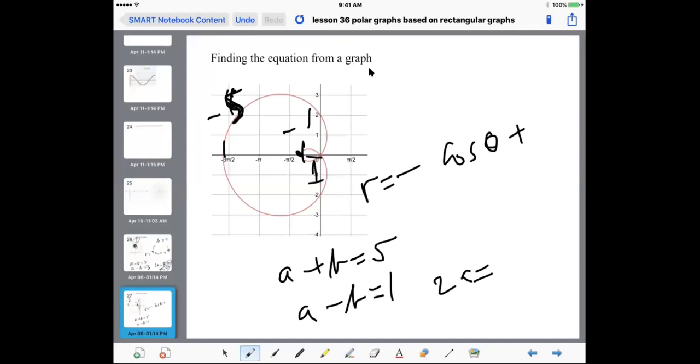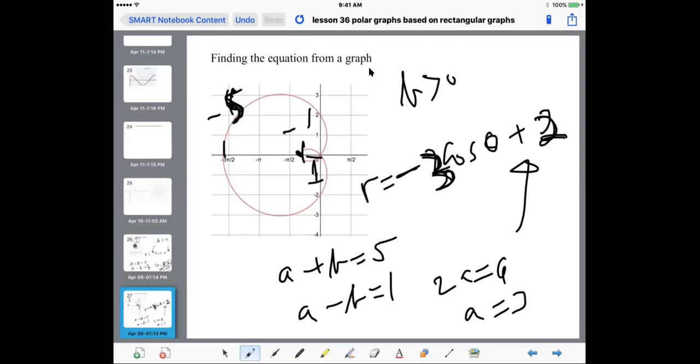So 2A equals 6, A equals 3, which makes B 2. But the negative is actually only in front. Well, for Delta math, that's what I was thinking. Although I suppose it doesn't matter if that b is negative, but I would say use the positive value of b, and then the answer would be -3 cosine theta plus 2.